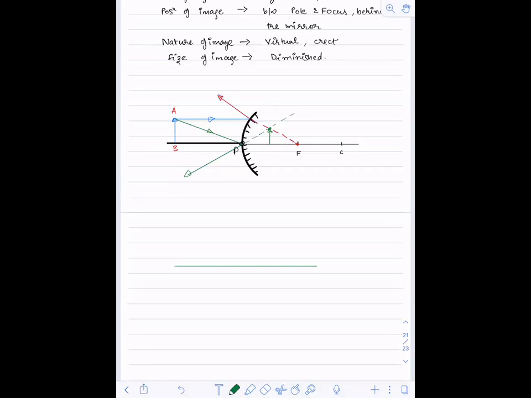When I keep an object at focus, you will see the image size very, very large. They are almost parallel, and they tend to meet at a very, very large distance. Because it's a very large distance, in physics or science, we can say it's an infinite distance.